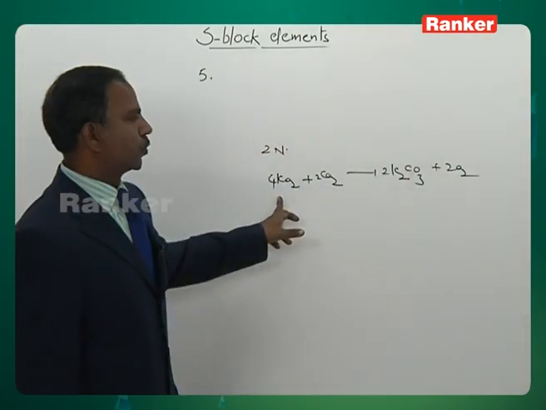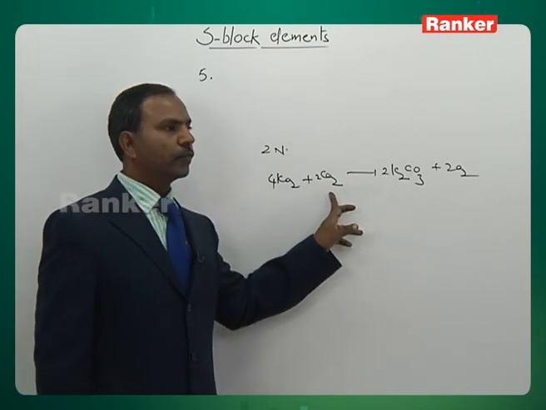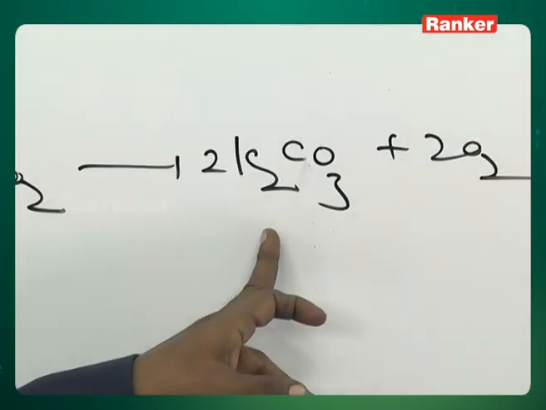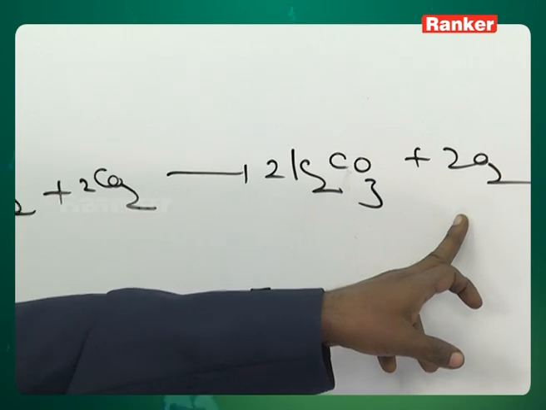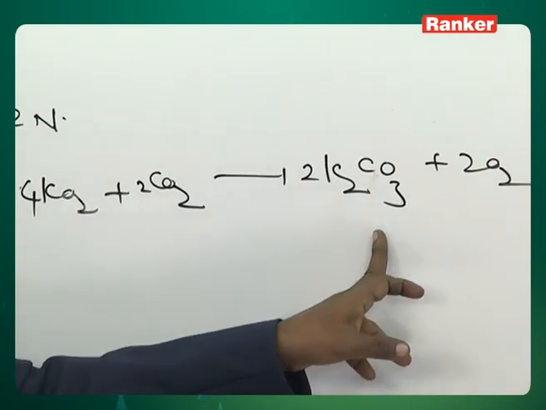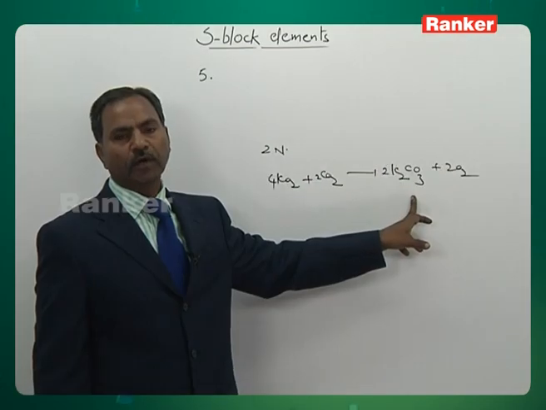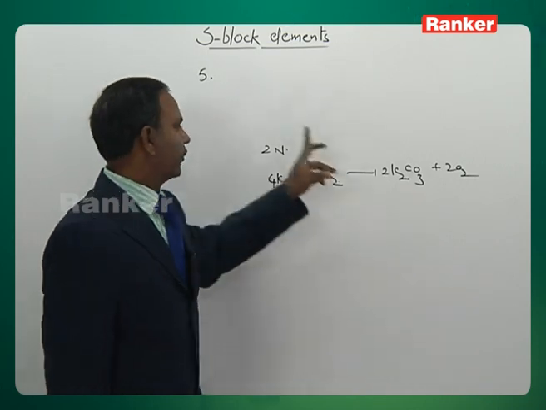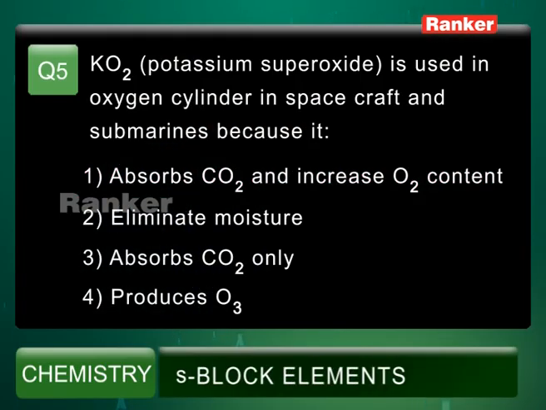Like this, potassium superoxide reacts with CO2 producing potassium carbonate, and again you are getting oxygen. So it removes carbon dioxide and increases the oxygen content. So for the fifth question, the answer is 1.